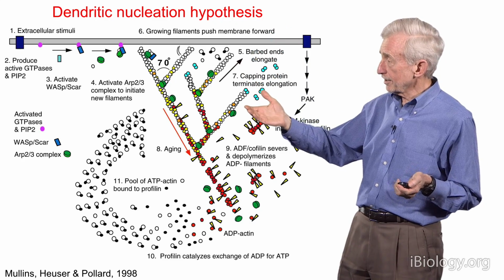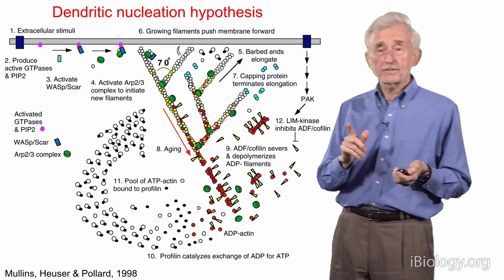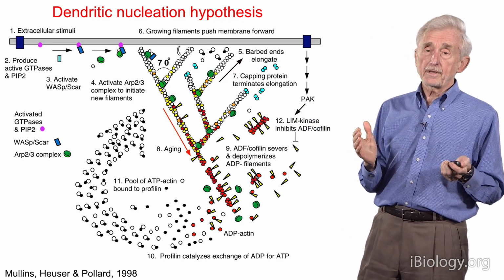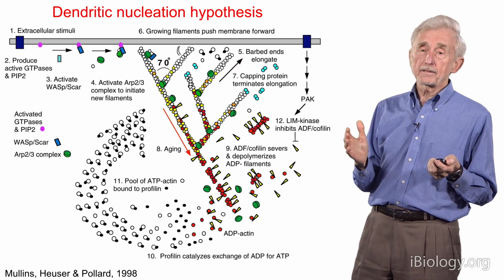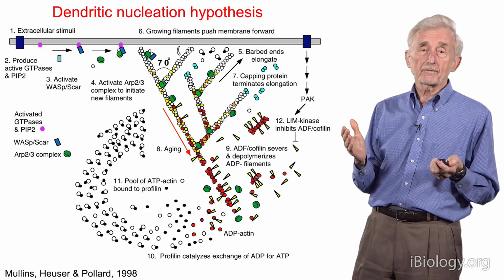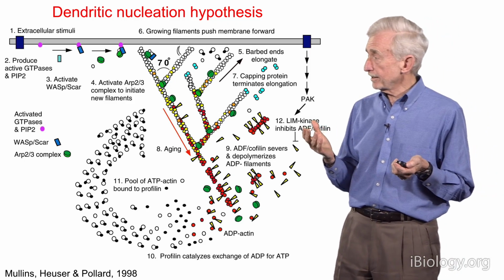Capping protein, shown here in blue, terminates the growth of these filaments within a short period of time. And so at the leading edge of the cell, the filaments are on the order of a half a micrometer long, which means they've grown for about a second or so.